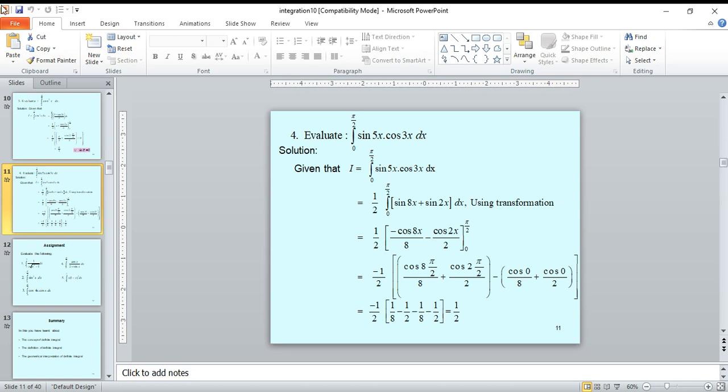This equals minus 1 by 2 outside, as is, cos 8 pi by 2, that is cos 4 pi.